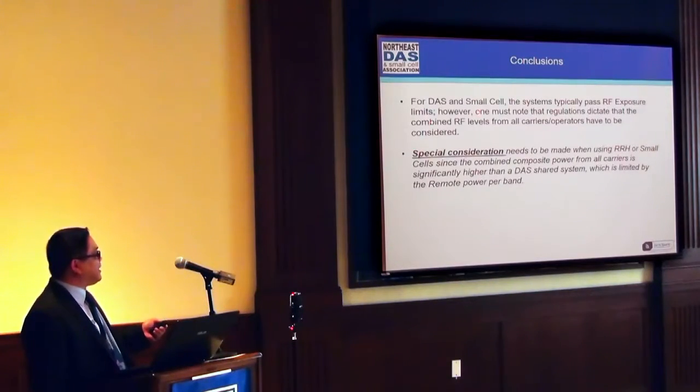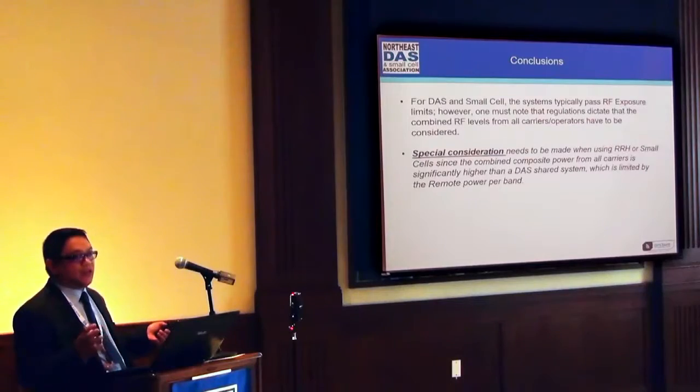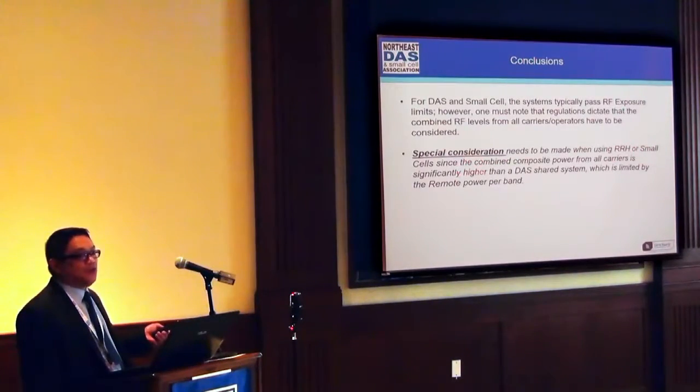And typically for DAS, it's not as bad because you're sharing the RF, and so it diminishes in terms of per carrier, and the max is really just 5 watts, for example. But when it comes to remote radio heads or small cells, where each of the carriers will have their own small cells, what's going to happen is the cumulative impact from each of the other carriers.